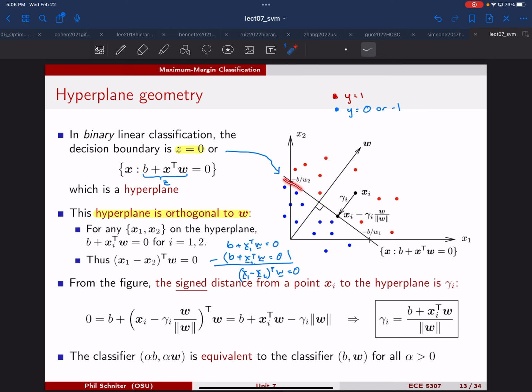That line is always going to be collinear with my boundary. If you want to reference that line to the origin, you can move it here, and you can see the orthogonality here too. So this is the first point: a hyperplane is orthogonal to w.